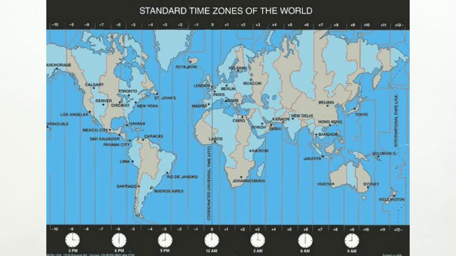So the whole world is divided into 24 time zones, and each of these time zones differs from each other by 15 degrees. It means we can say that there is a difference of 1 hour between every time zone.